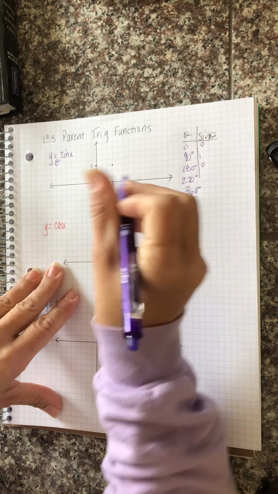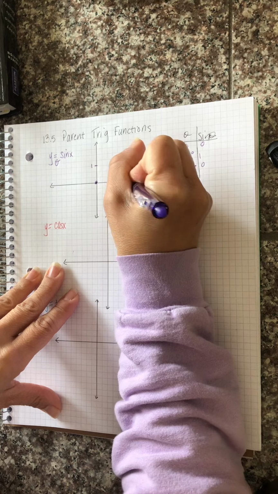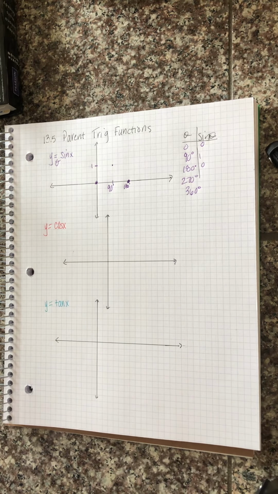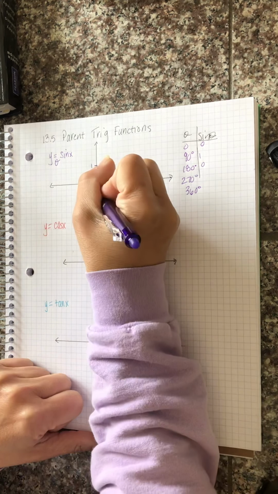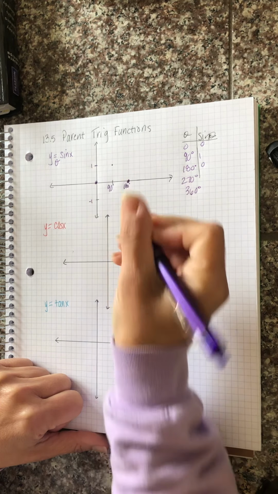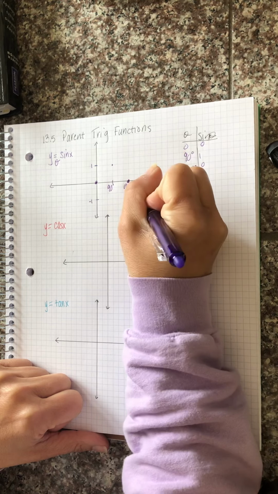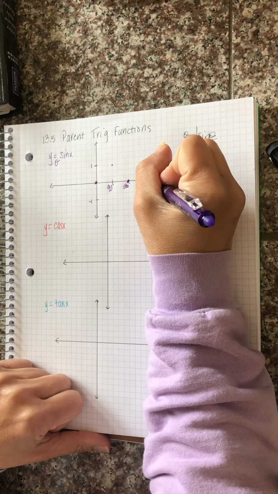At 180, we're back to 0. And then 270, if you look on your unit circle, which you should have sitting next to you, 270 is -1. And then at 360, we go back to 0.